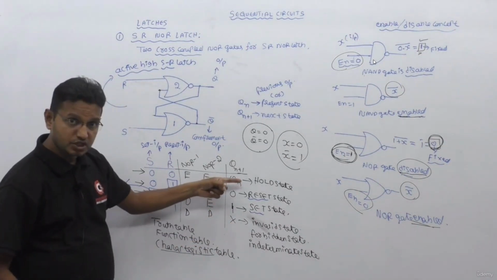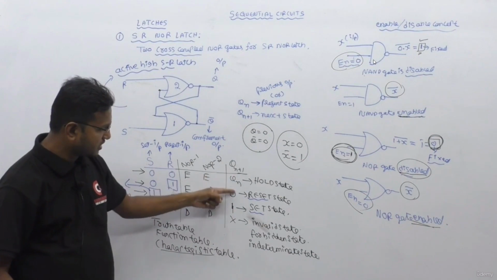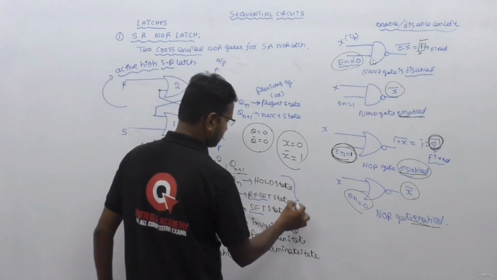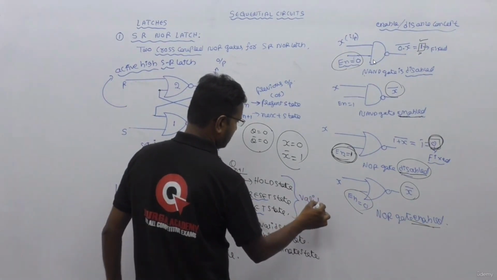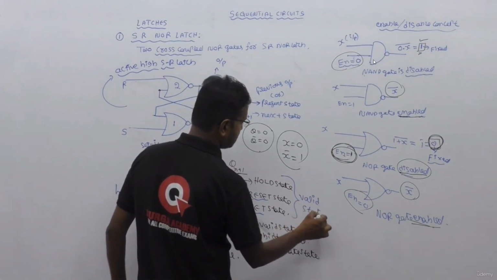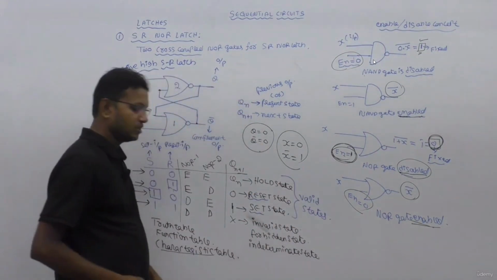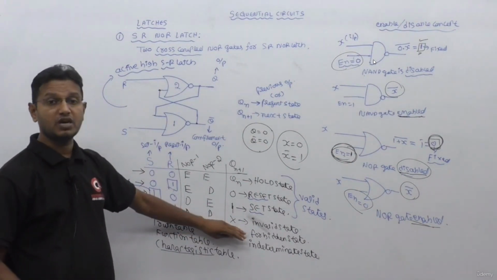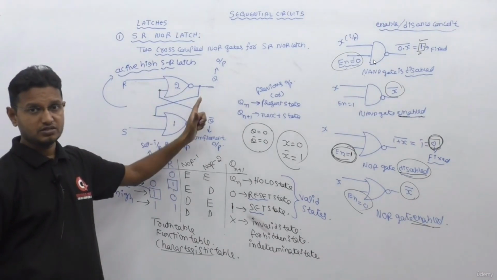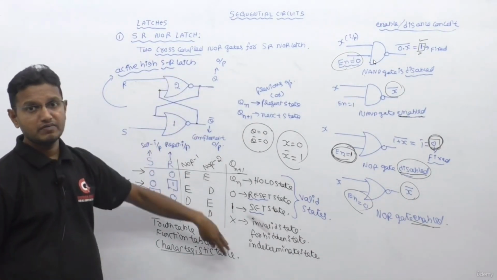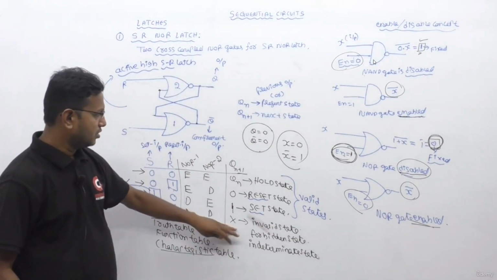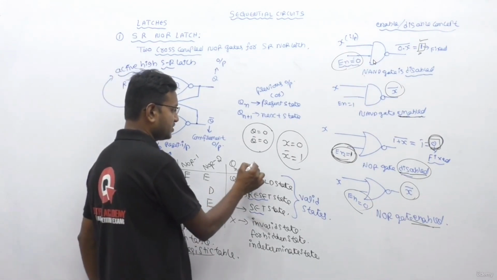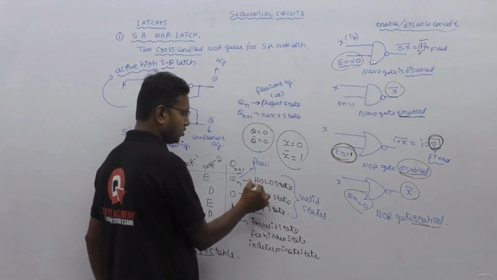The first three states are actually valid states, not invalid. The only invalid state is the last one, S equal to R equal to 1. Never give this for the SR NOR latch, else it will go into an invalid or useless state. And the first state, Qn, means the previous or present state, which is called the hold state.